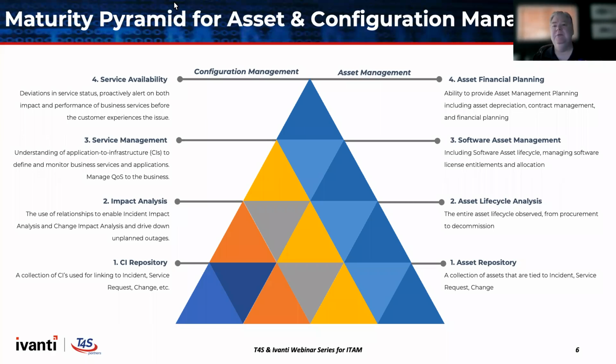On the asset management side, we want to move up into software asset management. I differentiate these, and we'll talk a little bit more about this in the process side. But it's very important that we understand their life cycle, because of course, software runs on equipment. We need to understand the life cycle of that equipment to properly understand what software we have and how well we utilize that software.